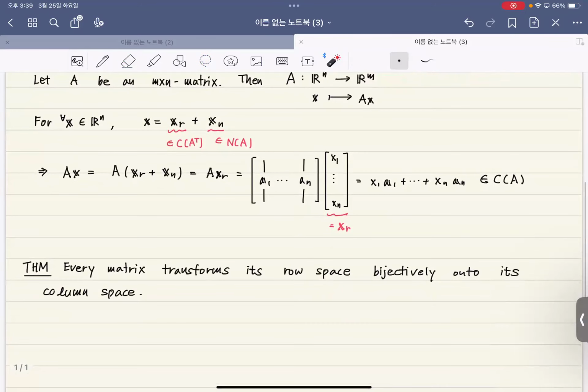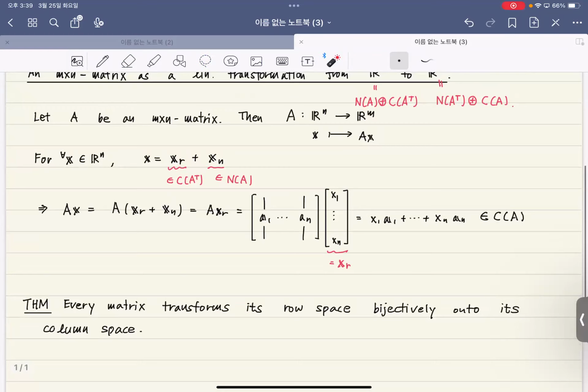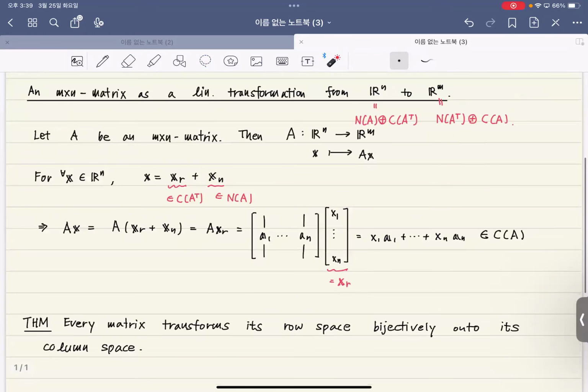Every matrix A transforms the row space bijectively onto its column space. So that means this matrix A as a map from Rn to Rm may not necessarily be injective or surjective.